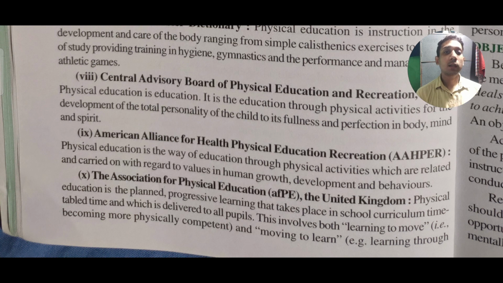Thereafter, we will see the Association of Physical Education, the United Kingdom. Physical education is a planned progressive learning that takes place in school curriculum timetable time, which is delivered to all people. This involves both learning to move and moving to learn.